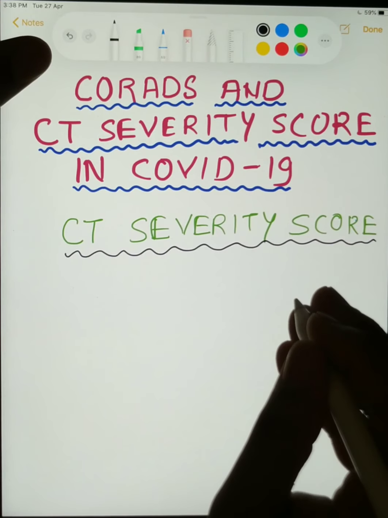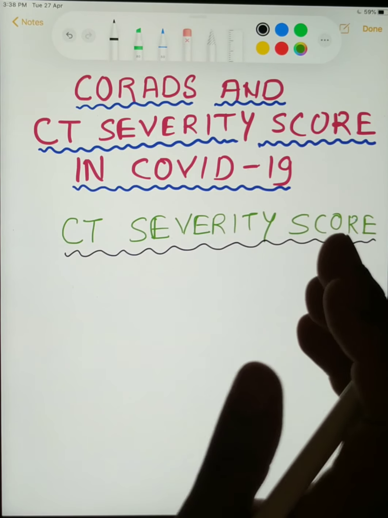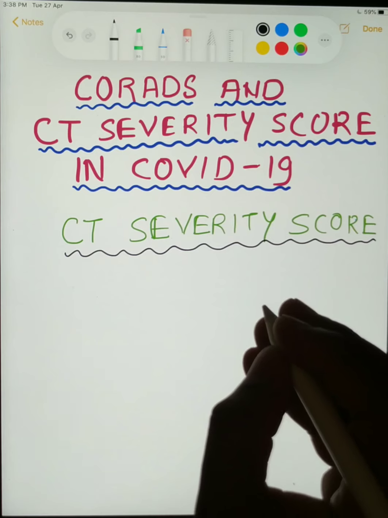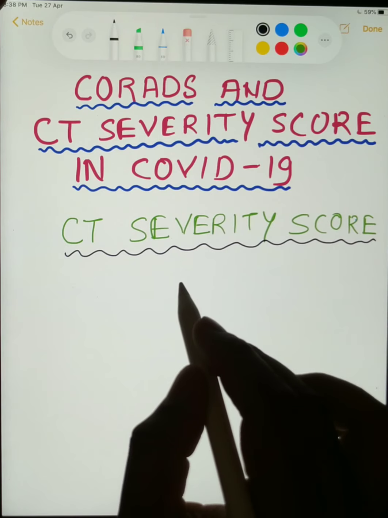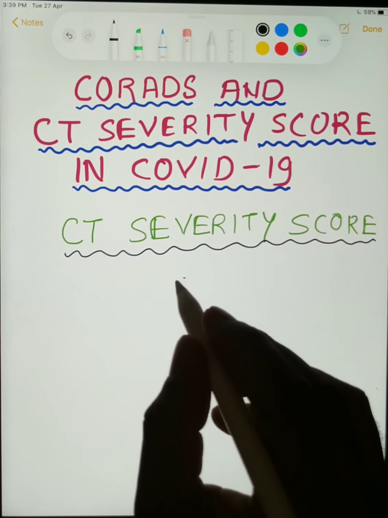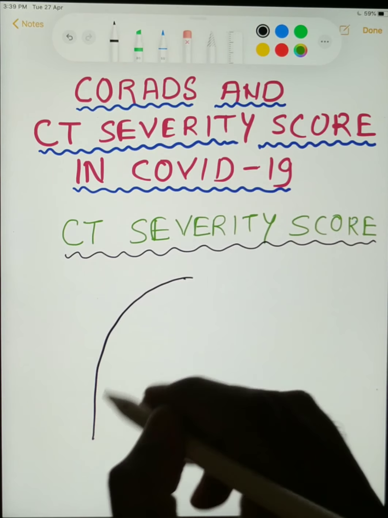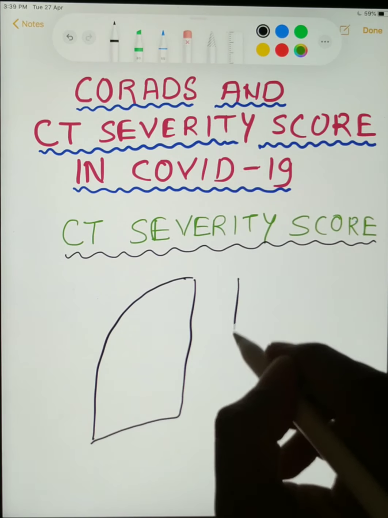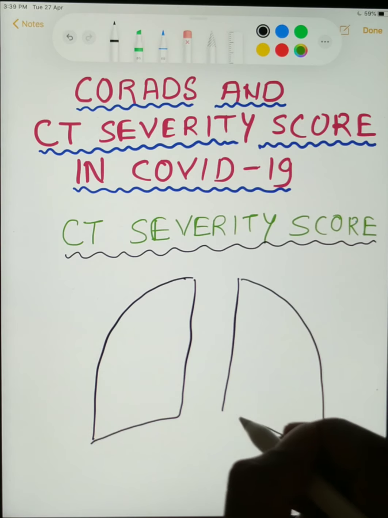First of all, I will explain how many lobes are in the lung and how CT severity score is calculated. In the lungs there are 2 lobes on the left side and 3 lobes on the right side. So this is the right lung, this is left lung.